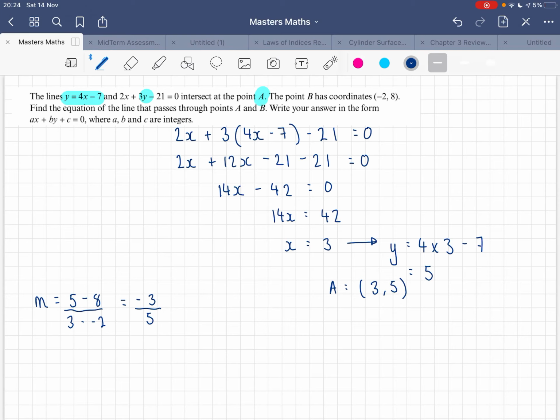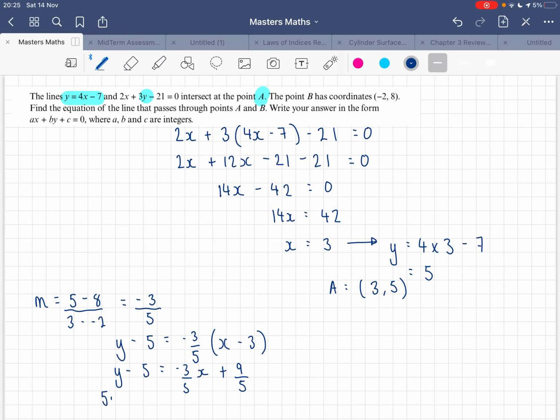And now I'm going to put it into the formula. So I'm going to choose point A to put into the formula. So y minus 5 is equal to negative 3 over 5 multiplied by x minus 3. So I have y minus 5 is equal to negative 3 over 5x plus 9 over 5. I am going to multiply everything through by 5.